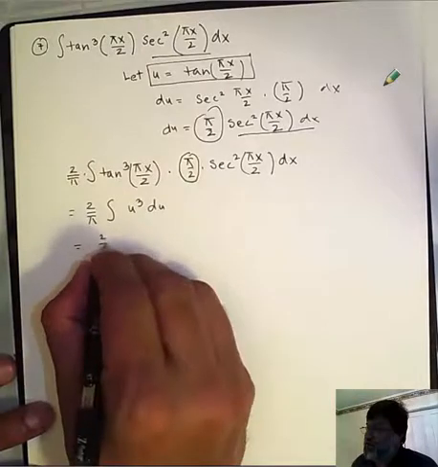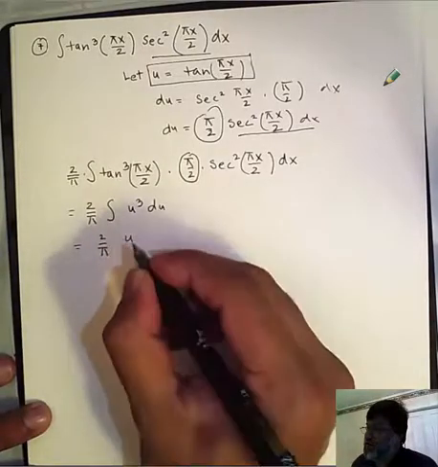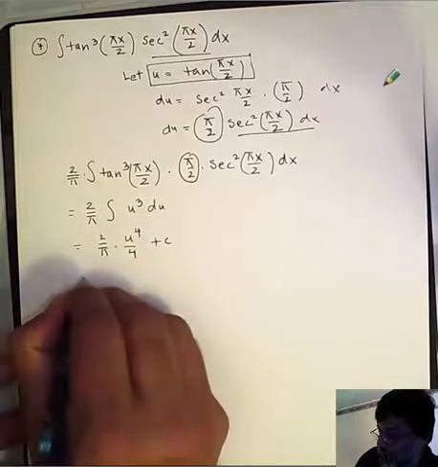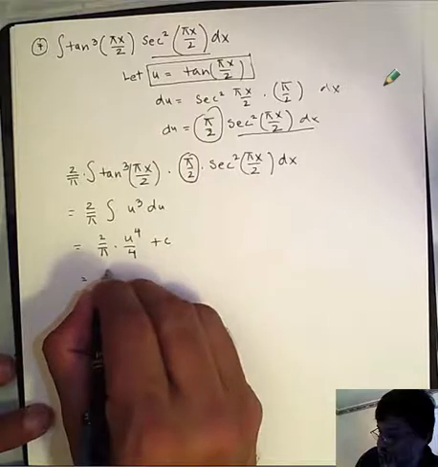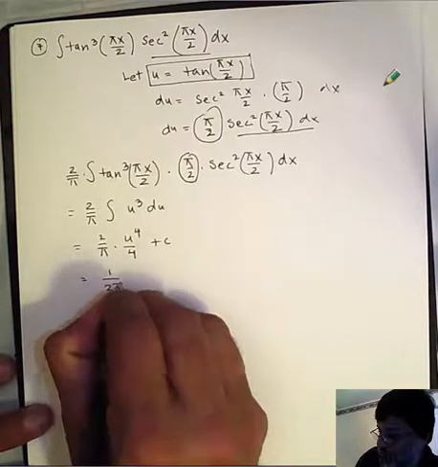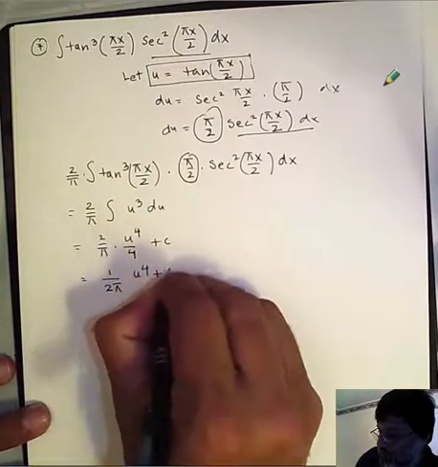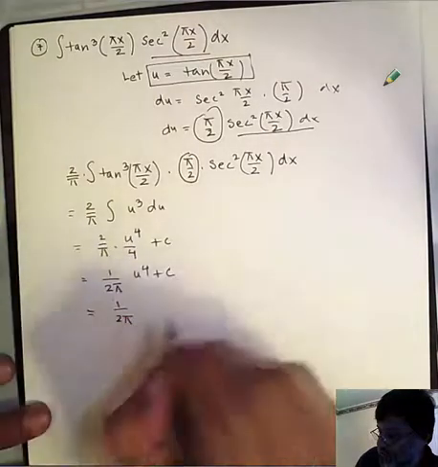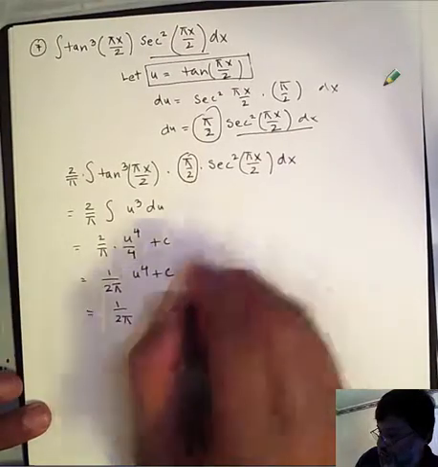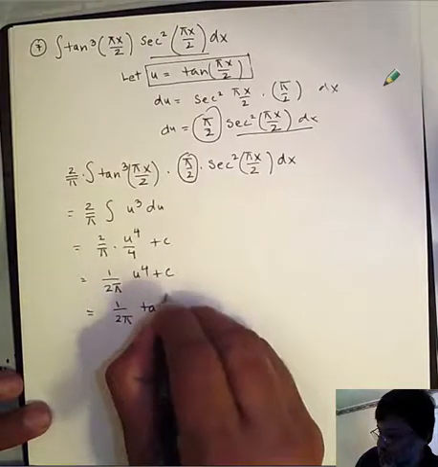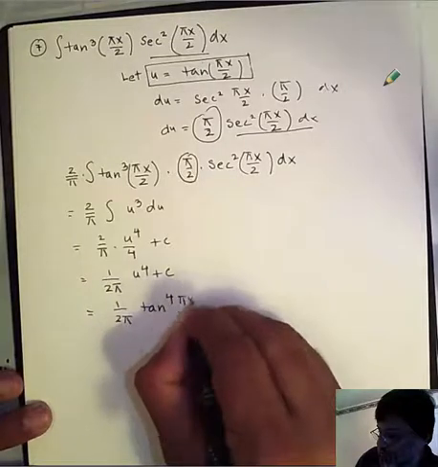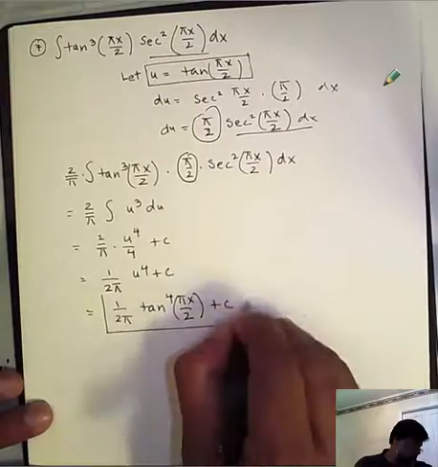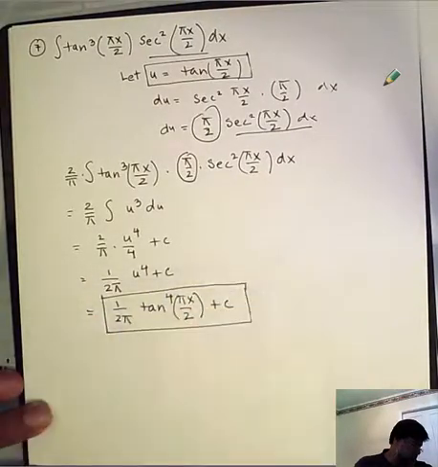And that gives us the result, and since we started with u, you have to back substitute. Remember our u was tangent of pi x over 2, so this is tangent to the 4th power. That's the answer.